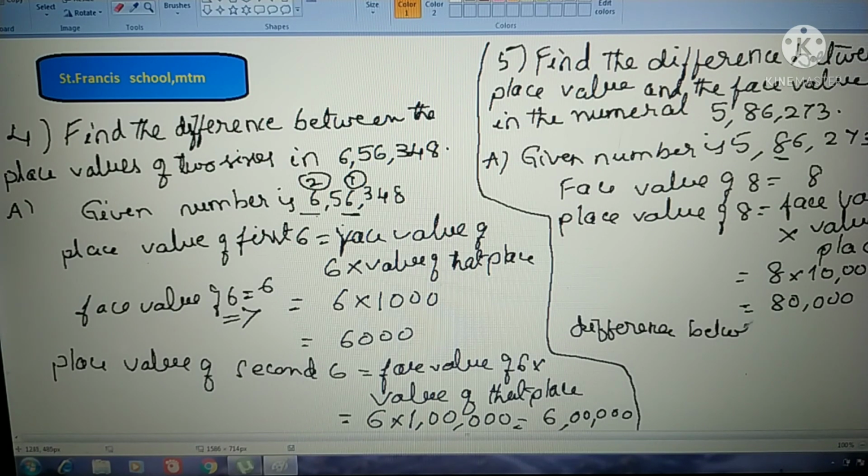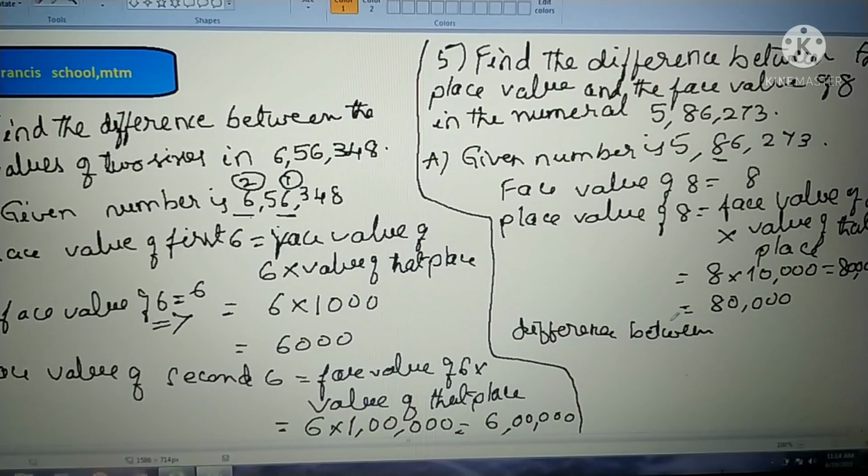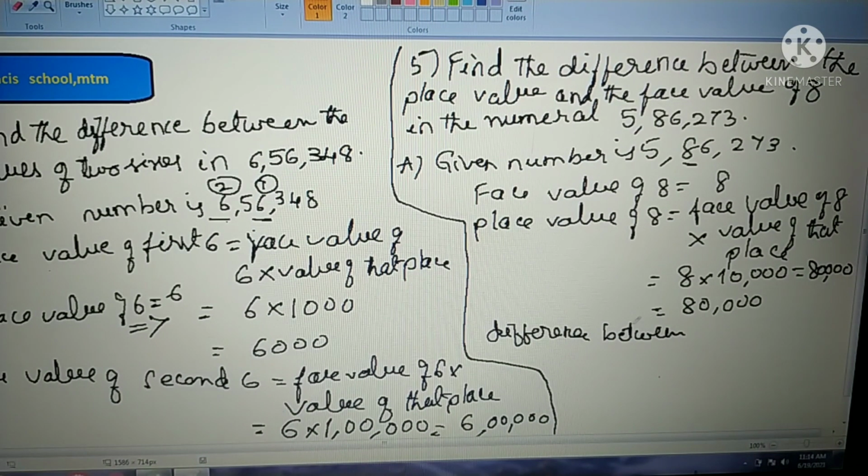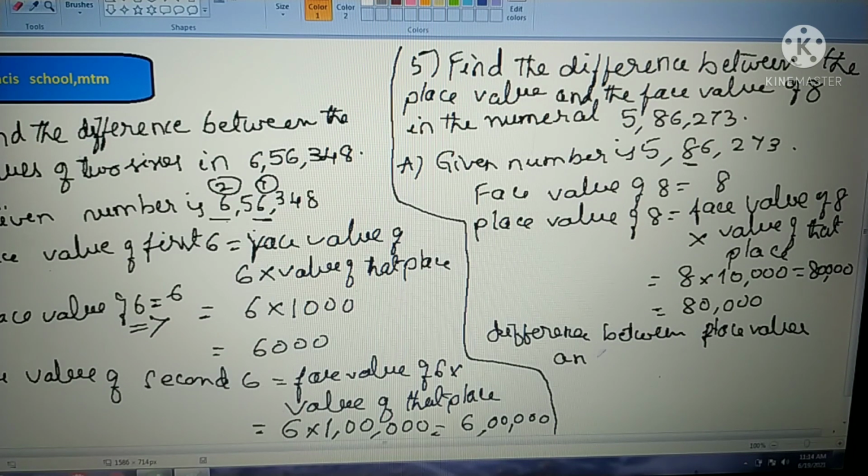Difference between place value and face value of 8.